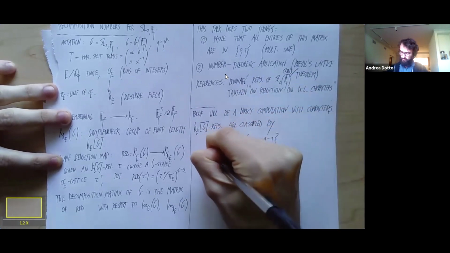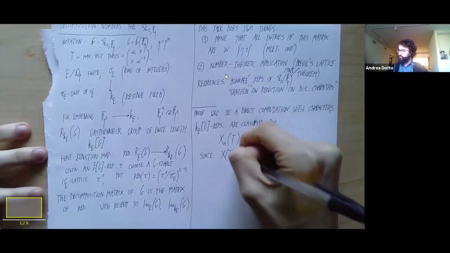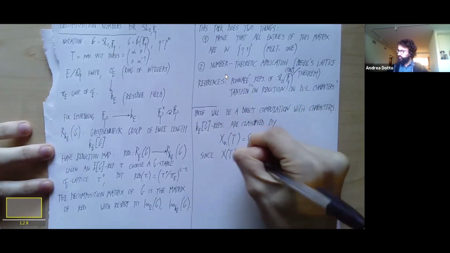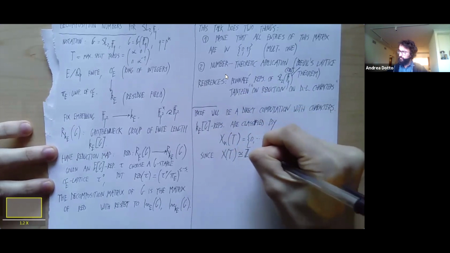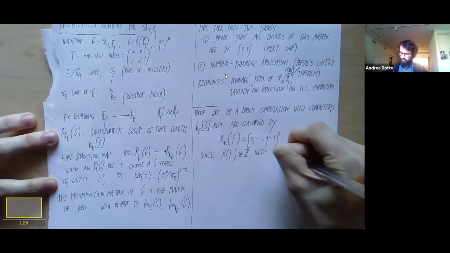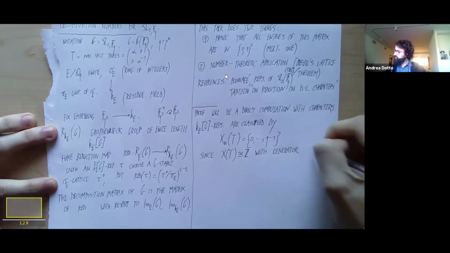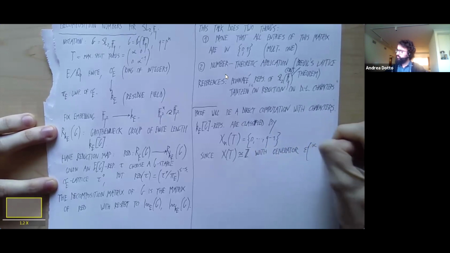And that's just due to the fact that the weight lattice here is just isomorphic to the integers. And I'm going to work with the following generator, which I'm going to call epsilon, which just sends this matrix to alpha.